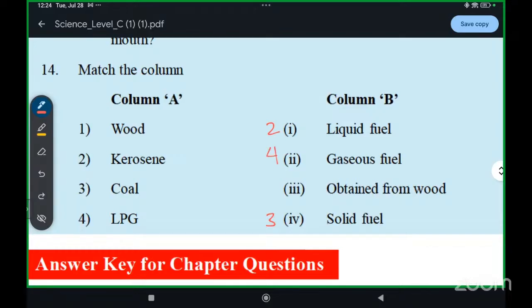Yeah, LPG is a gas, and I think wood is obtained from wood. Okay, coal is obtained from not just wood but dead and decaying remains of plants and animals. So coal is a solid fuel, whereas wood is obtained from forests and all.